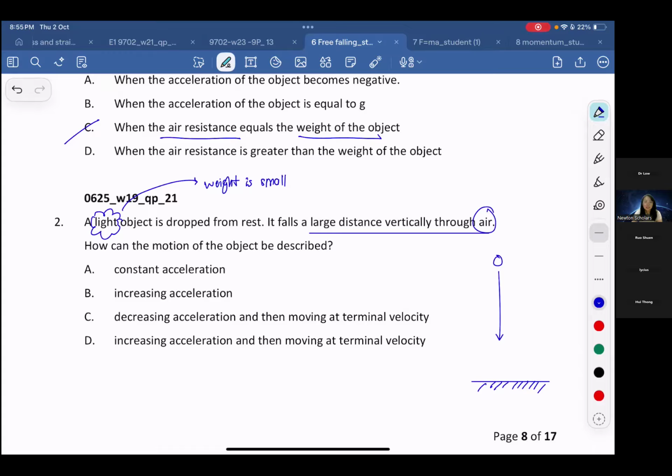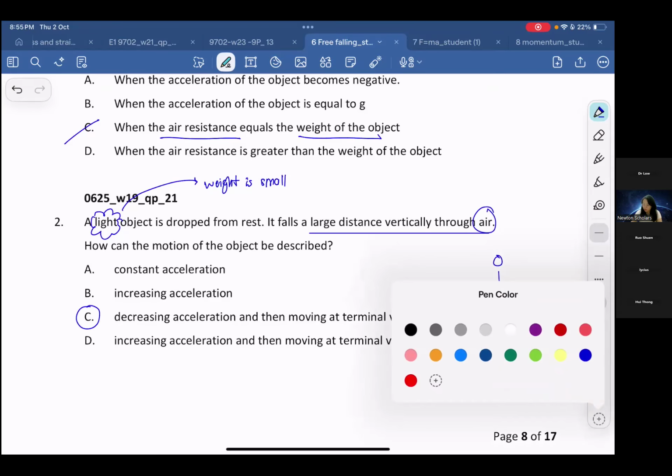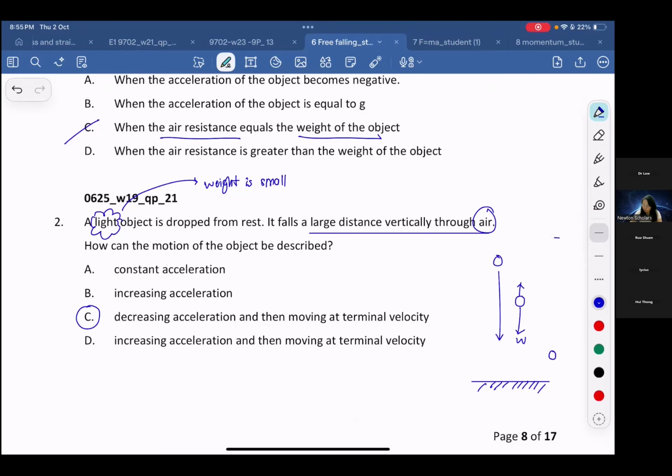Okay, Megan, the answer is correct. It will be decreasing acceleration because at a certain moment, they start to have air resistance against the weight, until the air resistance is big enough to balance the weight.